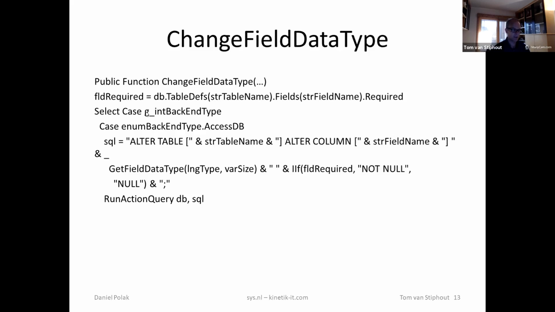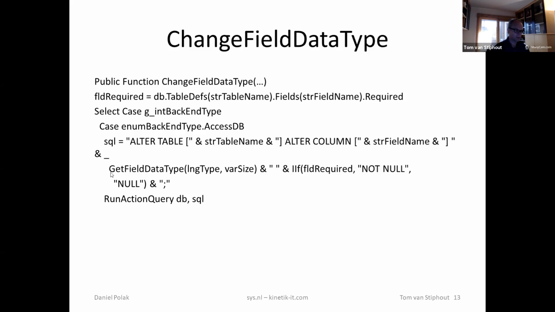We have a select case for a backend type that has already been established as a global variable. So it's either accessDB, not Access because that's a reserved word, or it's SQL Server. And if accessDB, we can change the field data type very simply by calling ALTER TABLE, ALTER COLUMN.